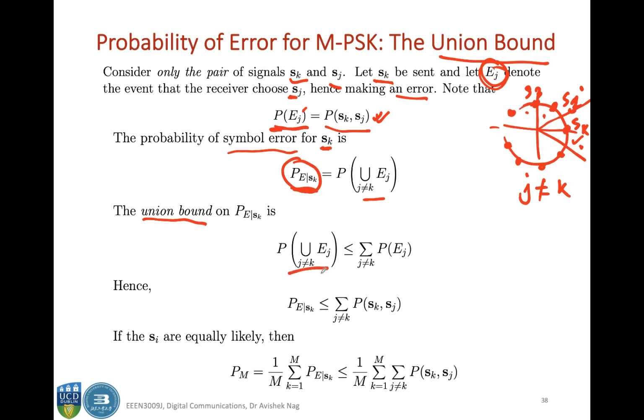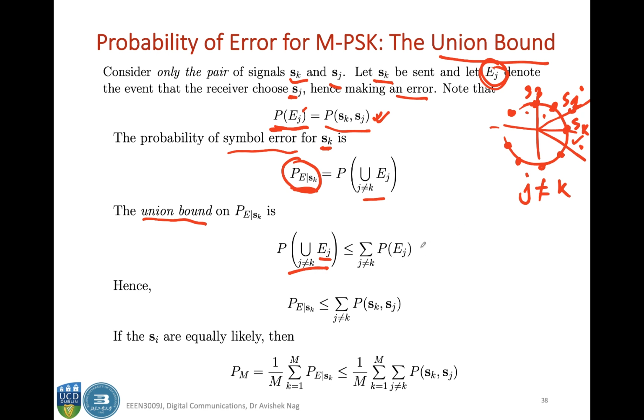If you recall from your lectures on probability theory, which we did during week 1 of this module, the probability of a union of some events is less than or equal to the sum of those probabilities.